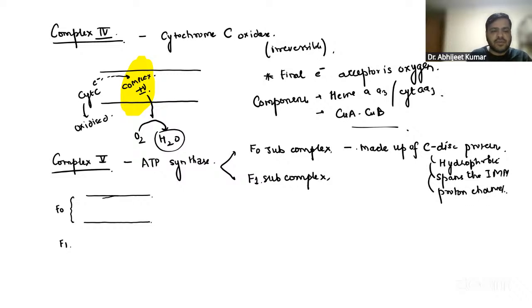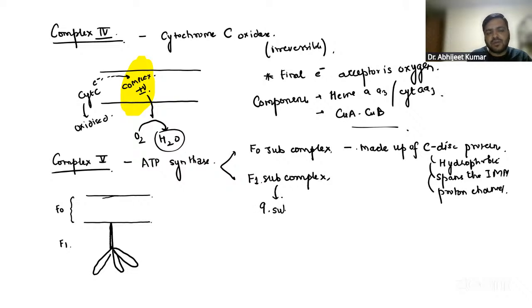Now F1 is basically made up of three components. Let us just try to read that first.